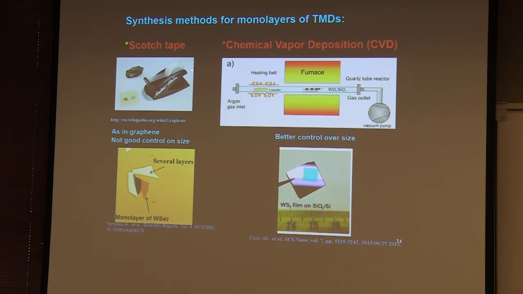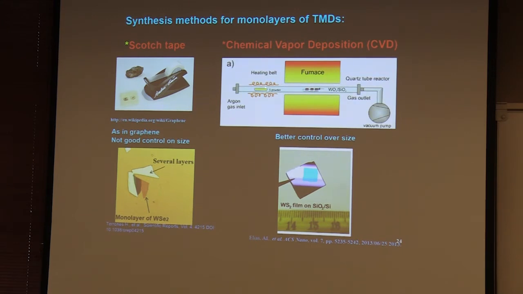And here we have Scotch tape. This comes from Wikipedia. It's Andre Geim's tape. So the Scotch tape method, not high tech. And here we have what is called the chemical vapor deposition method. Chemical vapor deposition consists in putting tungsten oxide or molybdenum oxide in a furnace.